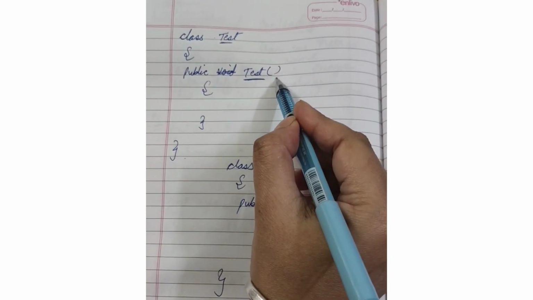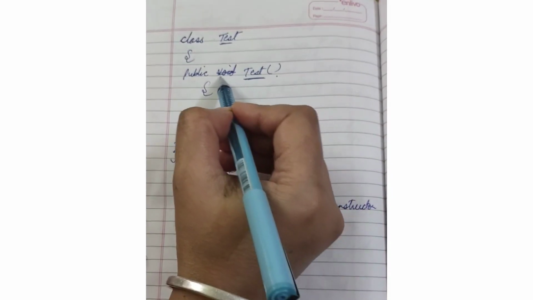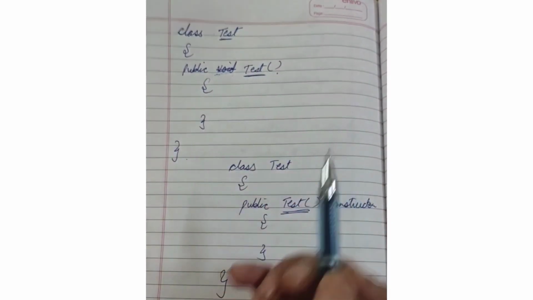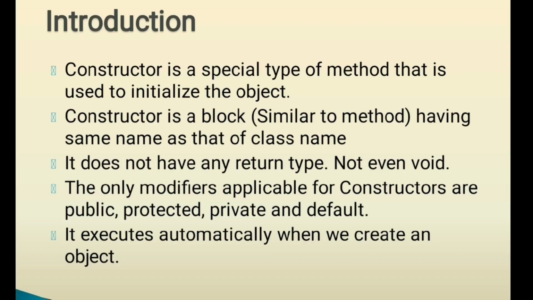This one you cannot consider as a constructor because here return type is mentioned, not even void. The only modifiers applicable for constructor are public, protected, private and default. It executes automatically when we create an object.